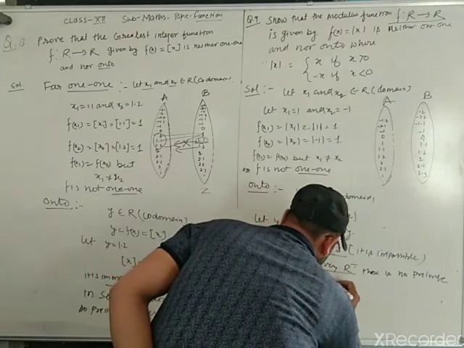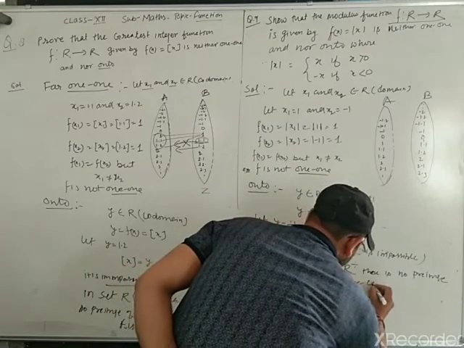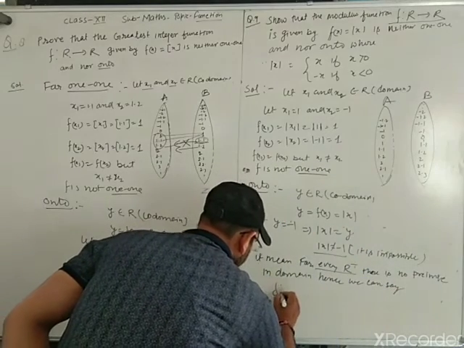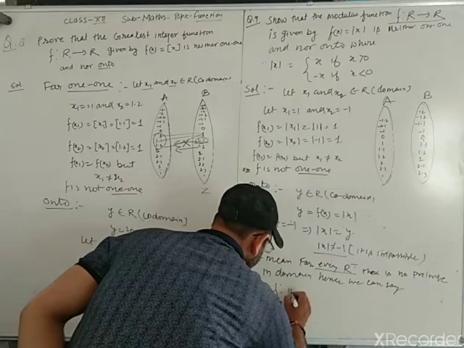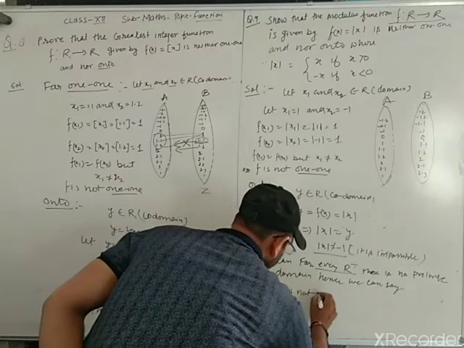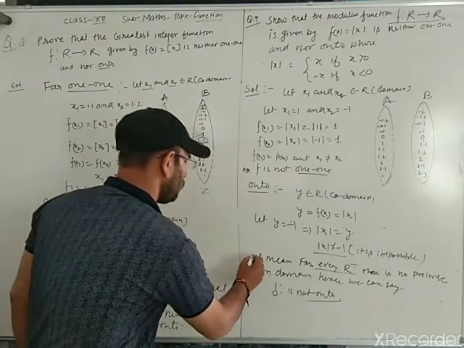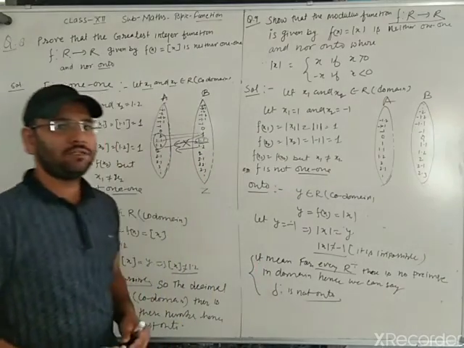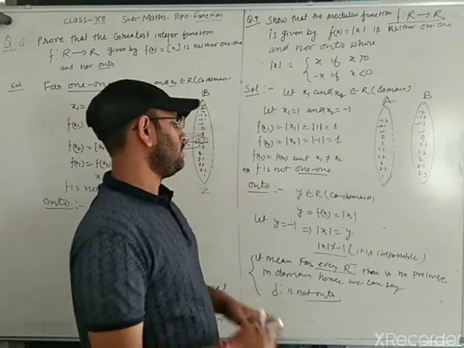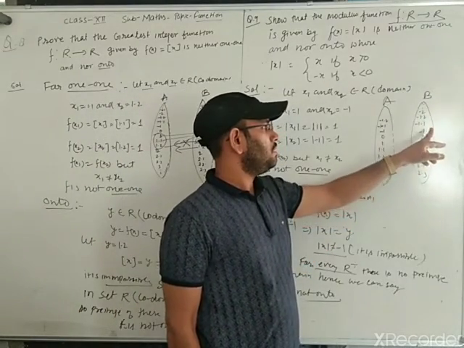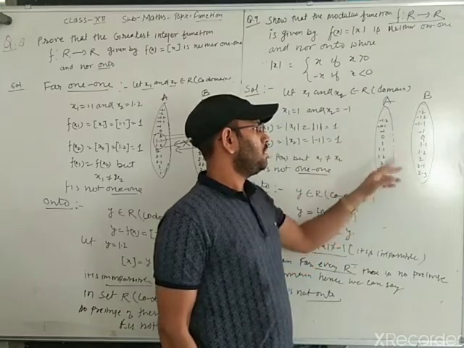Hence we can say that f is not onto. You can change the language as you like, but the conclusion is that for every negative real number there is no pre-image.